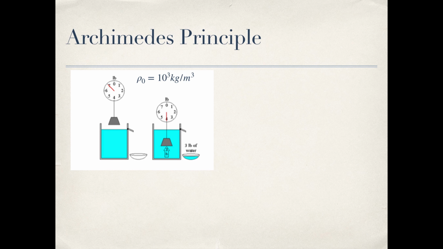Let's have a container with a liquid, and we suspend on top of that container a weight on a device which can measure the force with which this weight acts on the thread on which the weight is suspended. And there is a certain number we read on the dial.